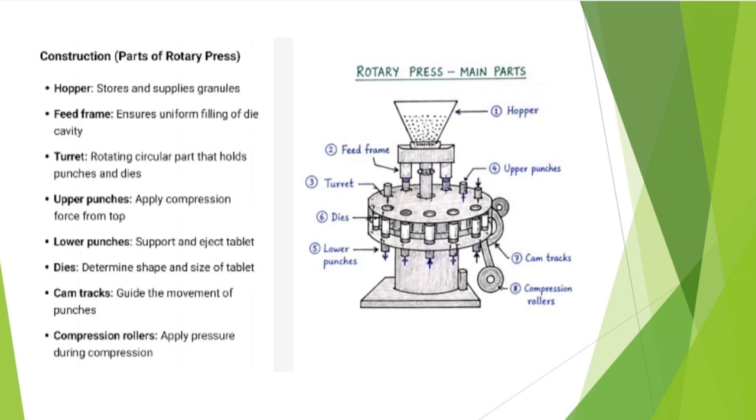Next, the turret. The turret is the rotating circular part that holds the punches and dies. Its other name is the head of the rotary press.